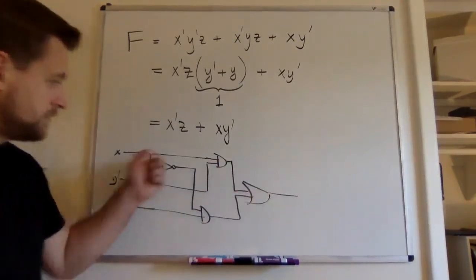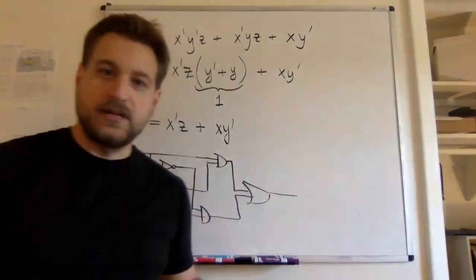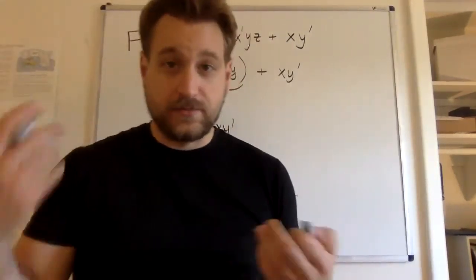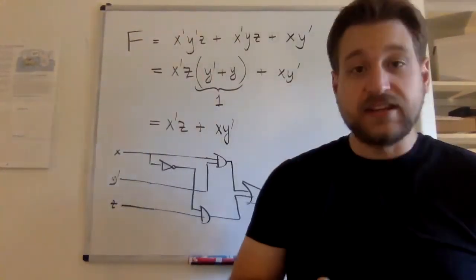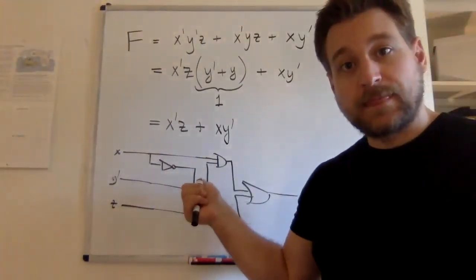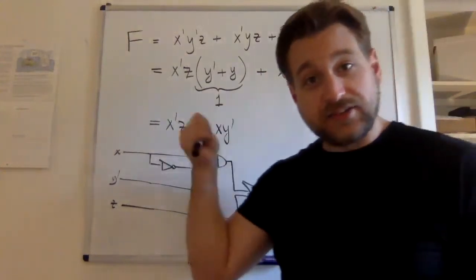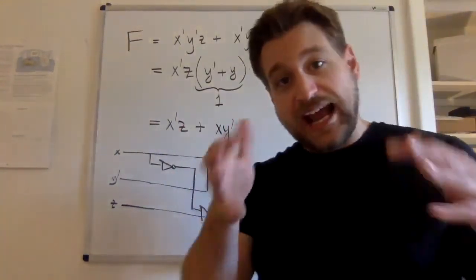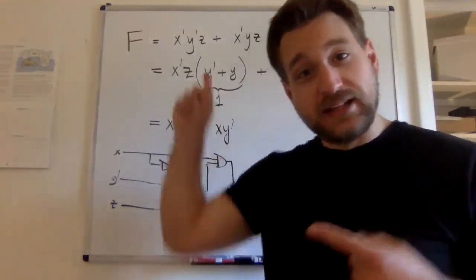We're done. 4 gates instead of, what did I say, 8 or 6 or however many. This is a savings, right? It's easier to implement this than it was to implement the other logic diagram that I made a minute ago, even though they have the same logical job, function f.